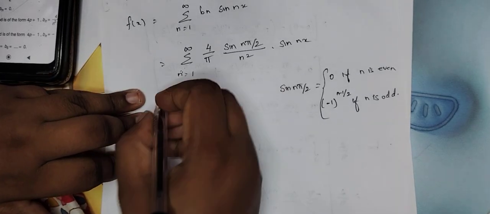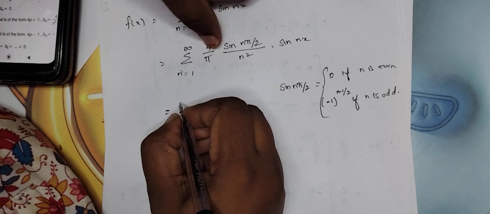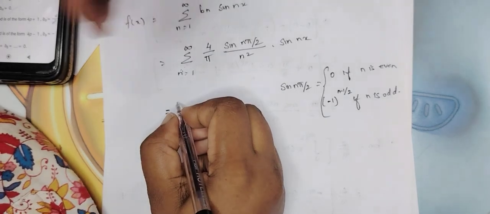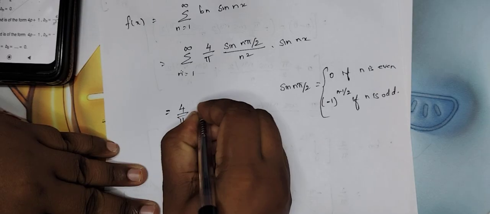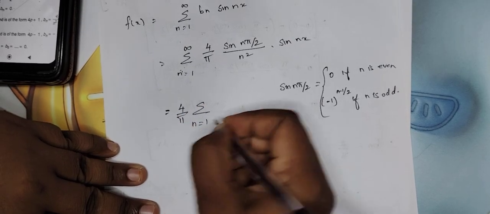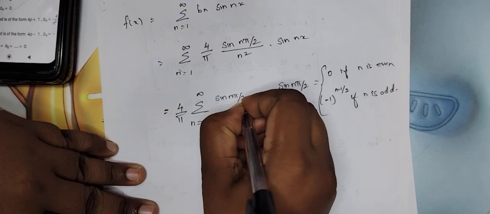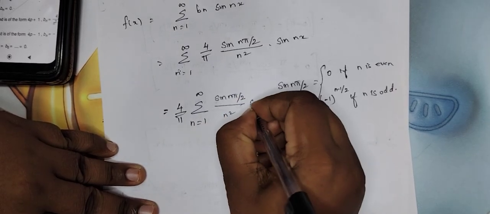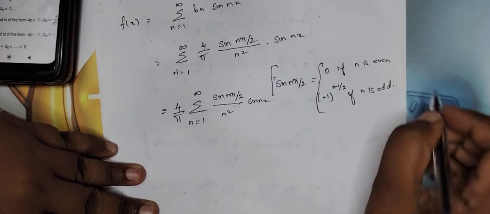So before substituting this condition, take the constant term outside. The constant term is 4/π, so I'm taking it outside. The inner value will be Σ n=1 to ∞ sin(nπ/2) divided by n² into sin(nx). This is my formula.